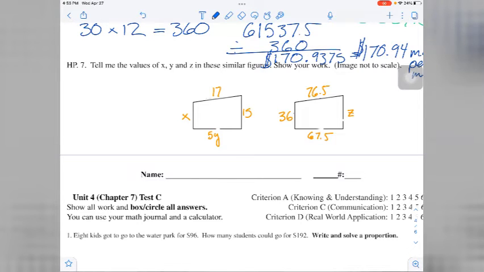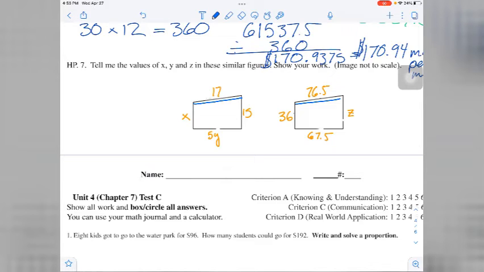The things that we know about similar figures are that they have all the same angles, but they also have proportional side lengths. So if I know they're proportional, then if I can find one corresponding side and figure out what I need to multiply it by to get the other corresponding side length, then I can use that to go around the circle.